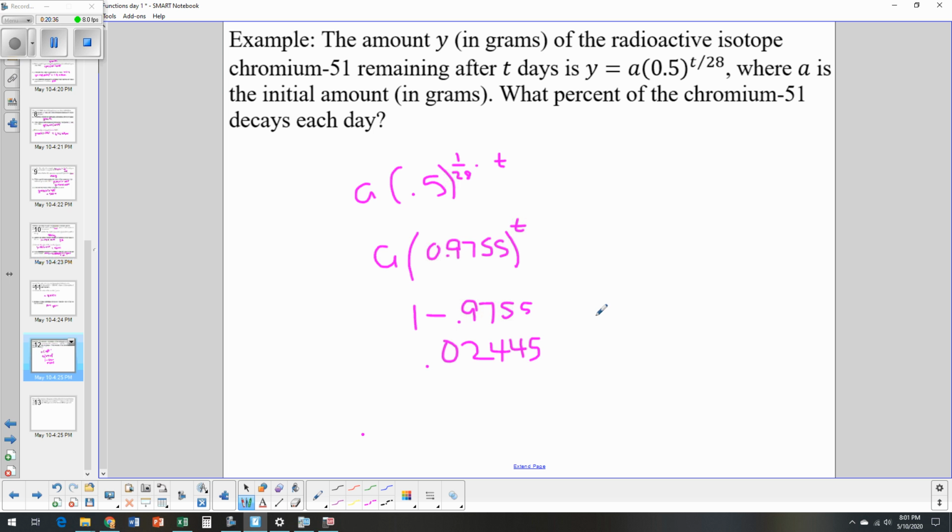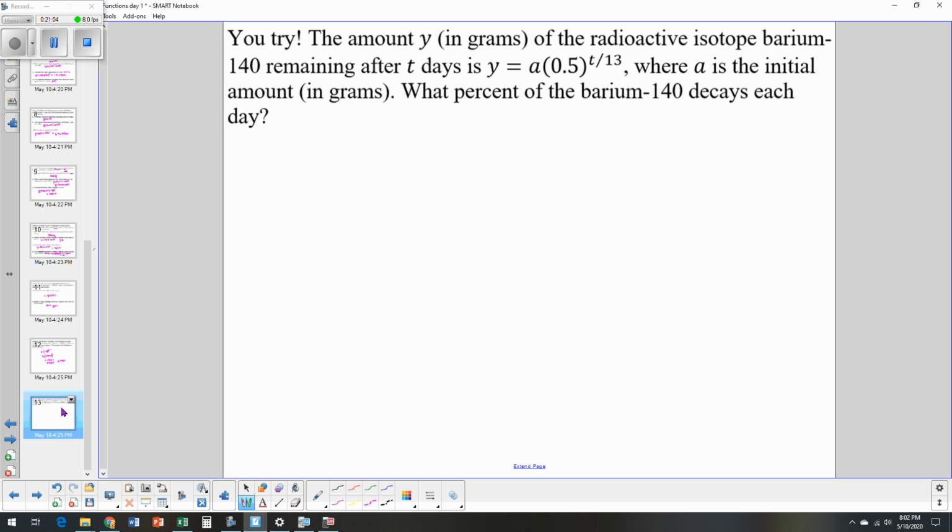So that means it's about 2.445%. That is the percent that decays each day. So our goal was to split the t over 28 first to 1 over 28 times t, evaluate this part in our calculator, get the new decimal, and then do 1 minus that decimal to find out what the rate of change was.